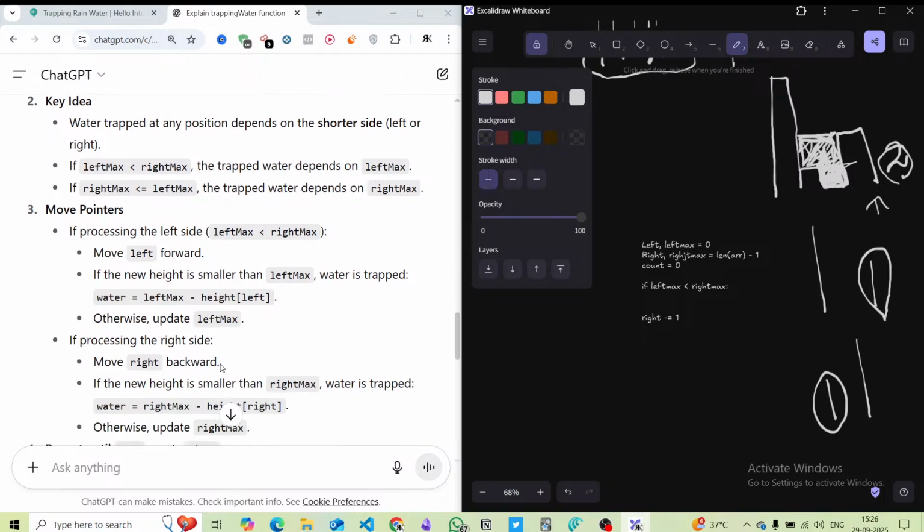So when it comes to how we need to move the pointers, crossing the left side means left max is less than right. Move left forward. So we just need to move the highest right. If the new height is smaller than left max, water is trapped.